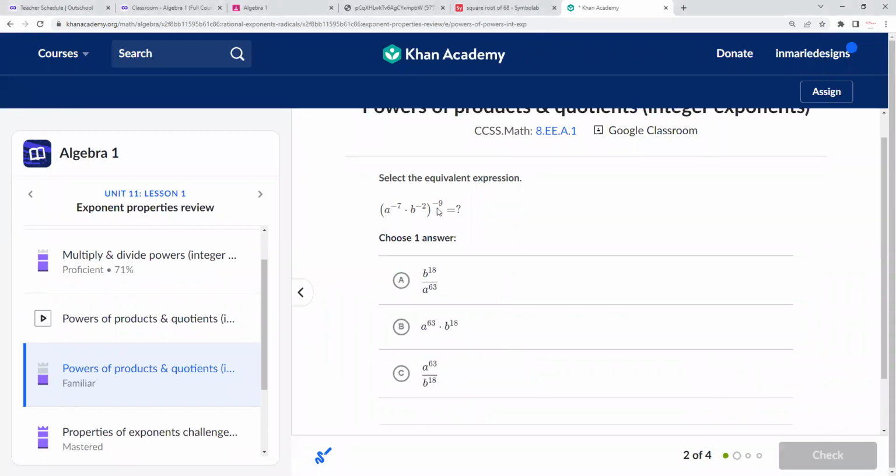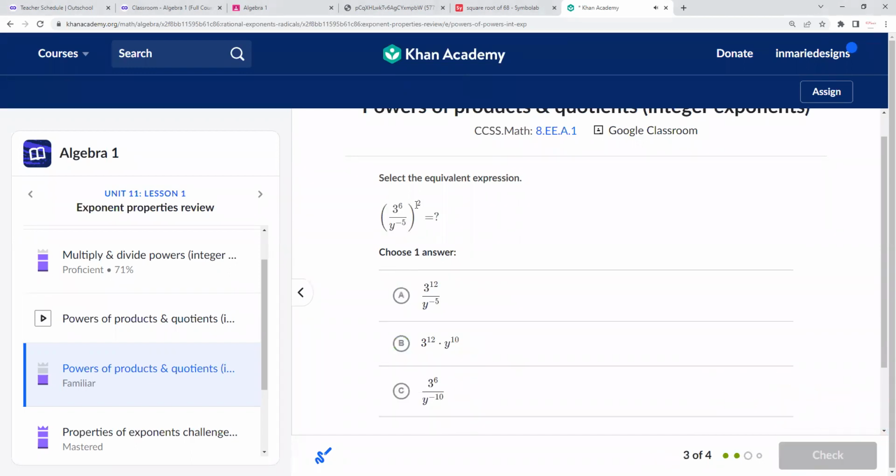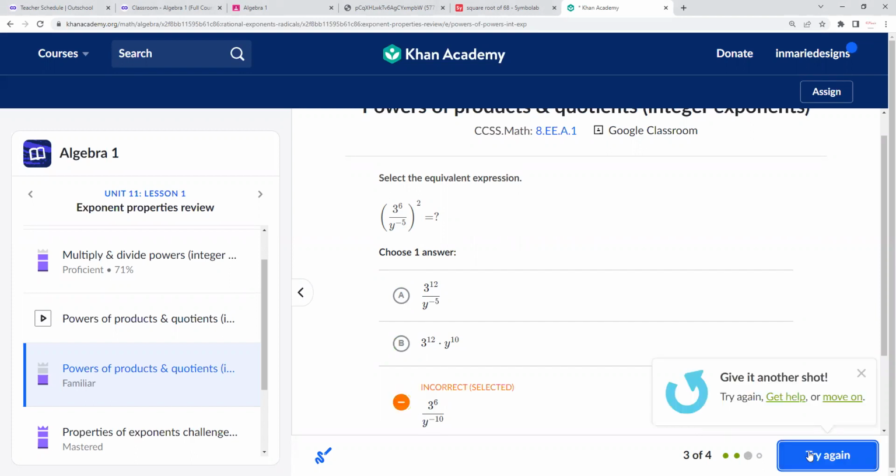Okay, same thing here. I can't combine, but I can apply that -9 and I would get positive 63 and positive 18. Okay, if I apply that, 6 times 2 is 12, -5 times 2 is -10. So it should be this one. And then they changed it to a positive 10.